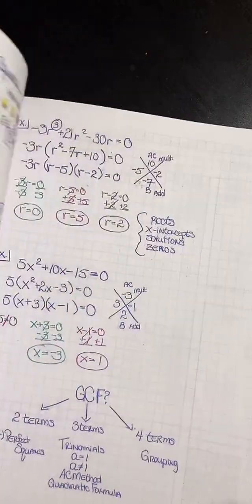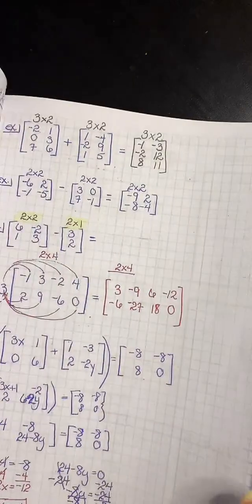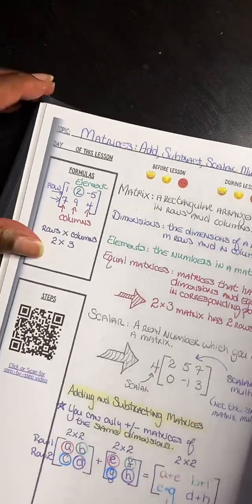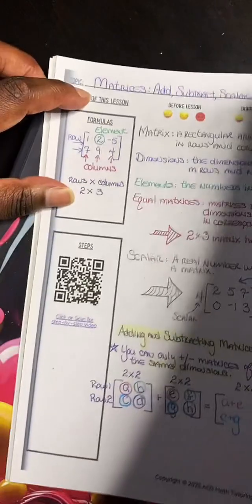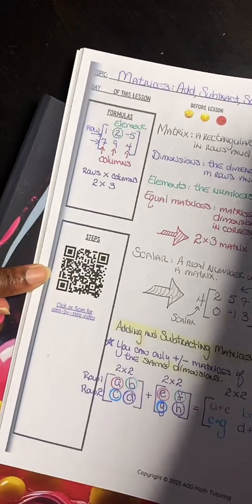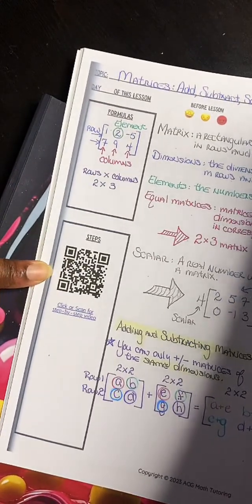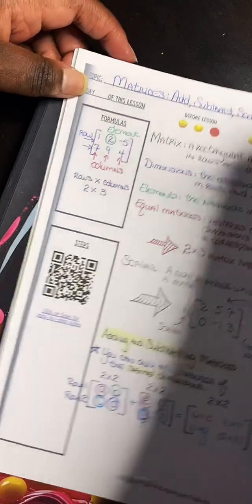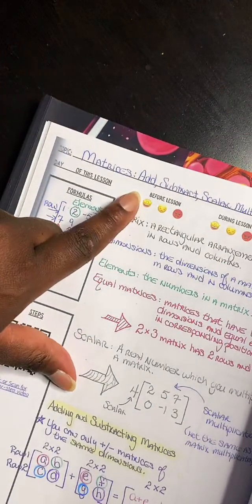Some people like this, so give the people what they want. If I do this book right here, it deals with matrices. If you notice at the bottom, or close to the bottom, there's a QR code. If you scan that QR code, it will take you directly to the live that I did for these pages.